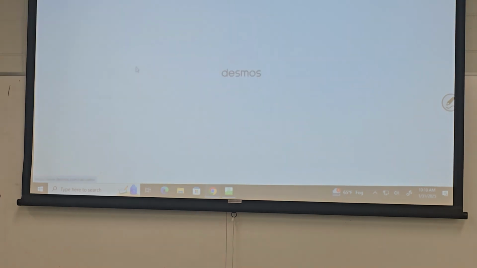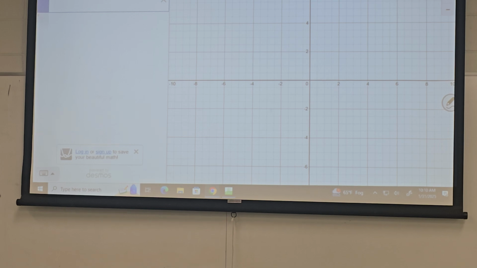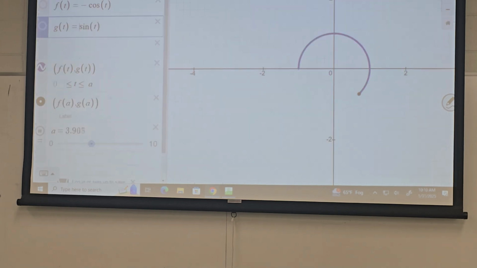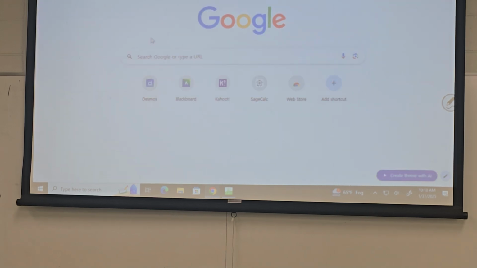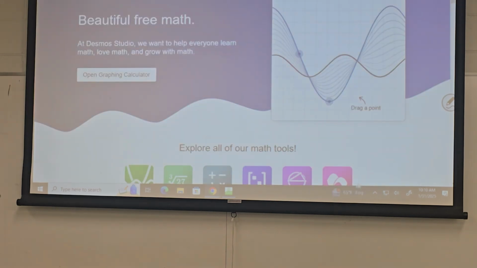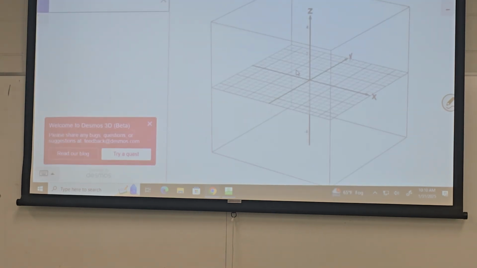Again, play around with those parametric equations, but I am going to ask you to play around with parametric equations more in Desmos 3D. So now we have an x of t, a y of t, and a z of t. So we have a 3-dimensional coordinate, all depending on some parameter.